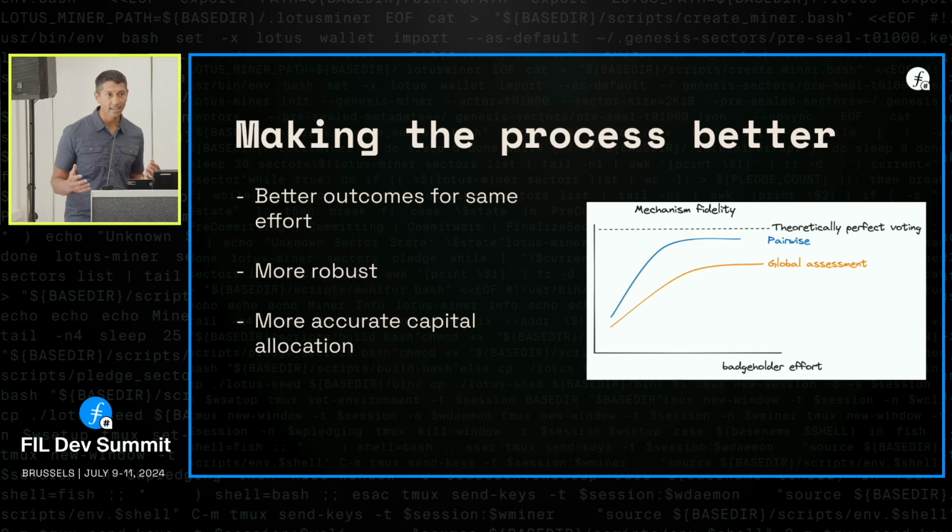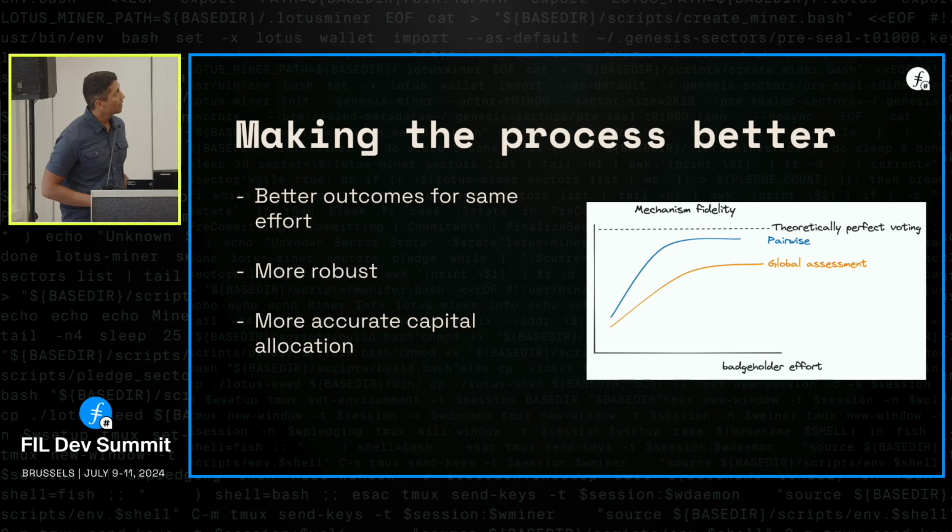But that being said, it's very hard to determine whether any sort of negative behaviors occurred. And that can mean conflict of interest, or it can mean colluding with other badge holders to try to boost a certain project. So we'd like to make the voting mechanism more robust to those kinds of negative behaviors, and accurate capital allocation I already talked about.